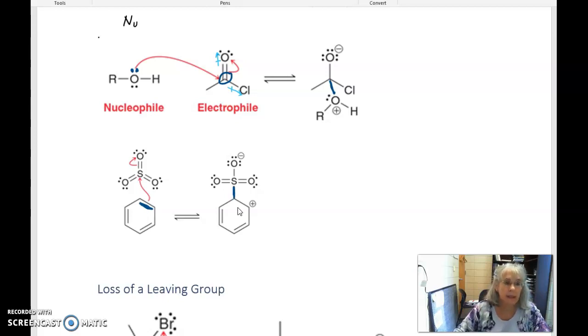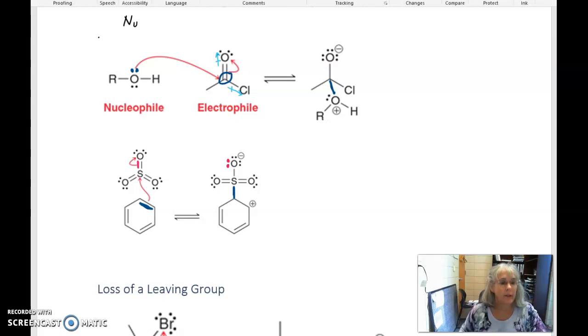Sulfur then kicks some electrons out to the oxygen. So we could also, if we wanted to, draw that these electrons that were involved in a pi bond are now lone pairs up here. So what we're showing with our mechanisms is the flow of electrons.